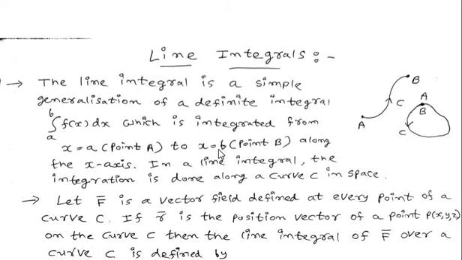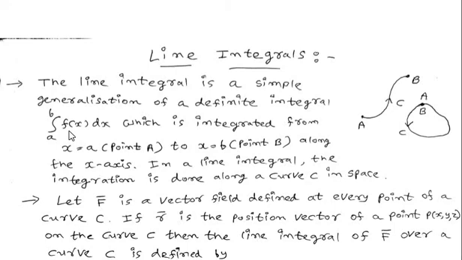Today I will teach you the topic of vector calculus, that is line integral. Now first of all, what is line integral? The line integral is a simple generalization of a definite integral, that is integration from a to b of f of x dx, which is integrated from point x equals a to point x equals b along the x-axis.